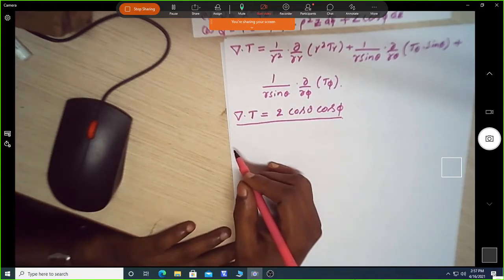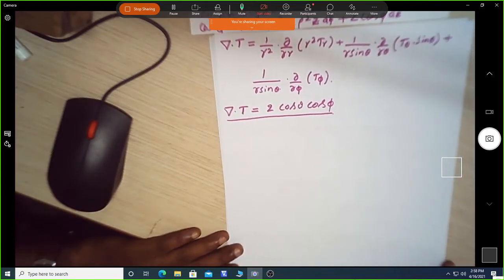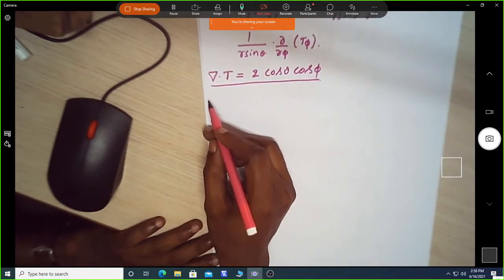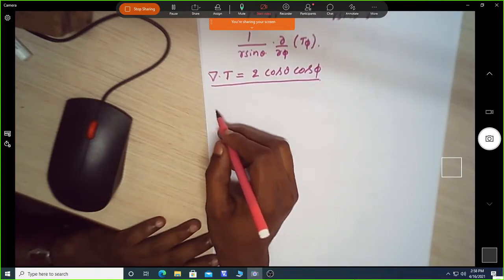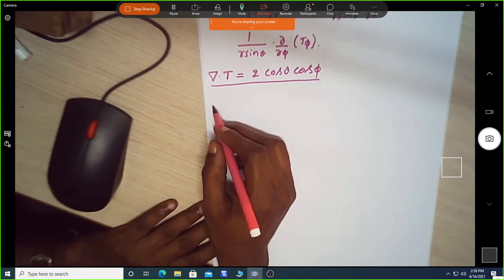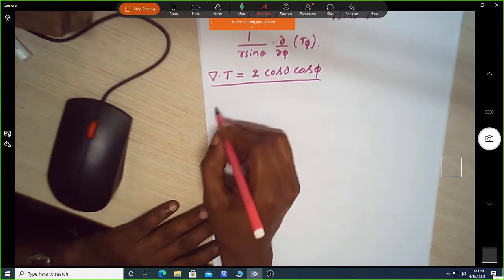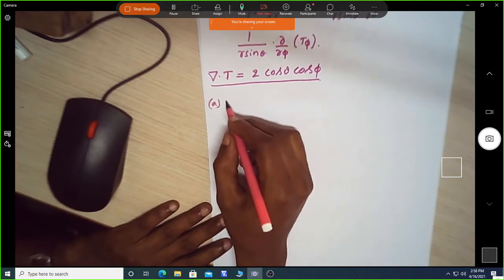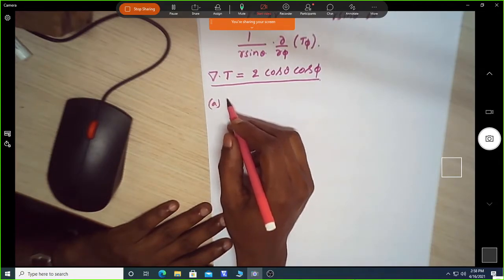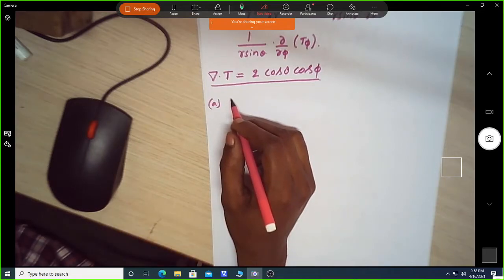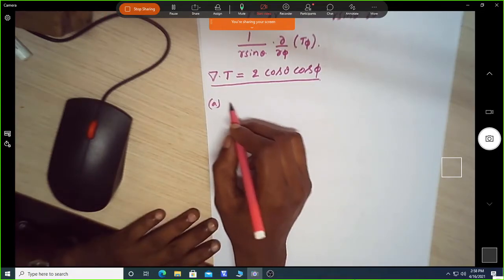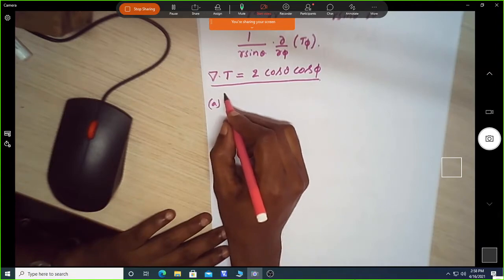Now similarly, you can do the problem. This is an exercise problem, so you can try to do it, and I will give you the answer. Calculate the divergence of the following vector fields and evaluate at specified points.